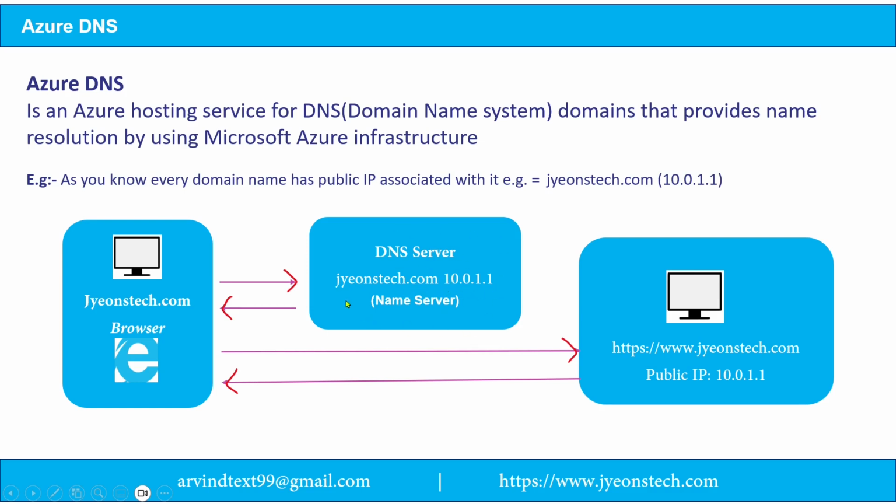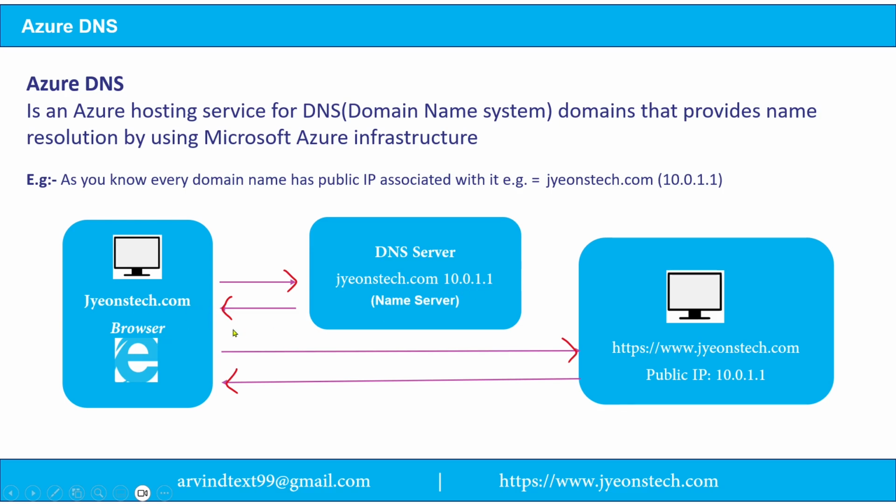So for example, if on our laptop I enter geonstech.com, first this request goes to the DNS server. From the DNS server it picks the IP address, and control comes back here with the IP.